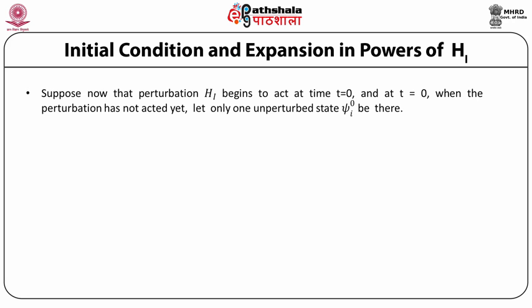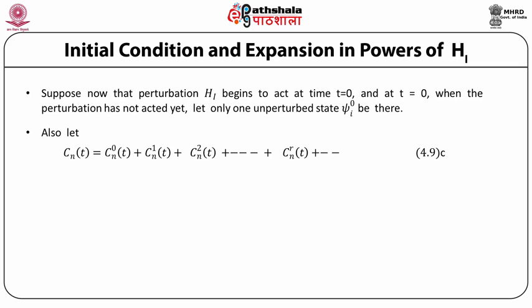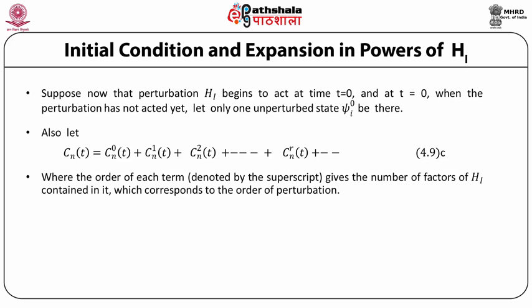Supposing now that the perturbation Hi begins to act at time t equal to 0, and at t equal to 0, when the perturbation has not acted yet, let only one unperturbed state ψi naught be there. This is usually called the initial condition. Also let Cn(t) be a sum of terms Cn0, Cn1, Cn2, all functions of t, with the general term being Cn r, where the order of each term, denoted by the superscript, gives the number of factors of Hi contained in it, which corresponds to the order of perturbation.